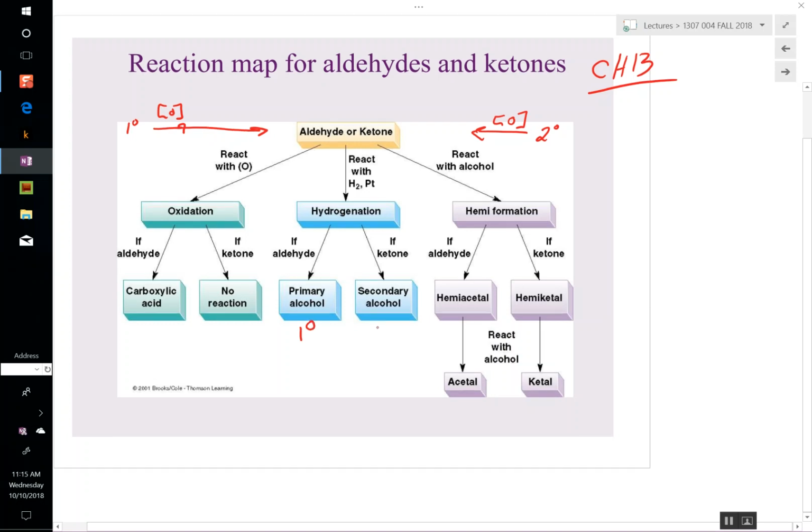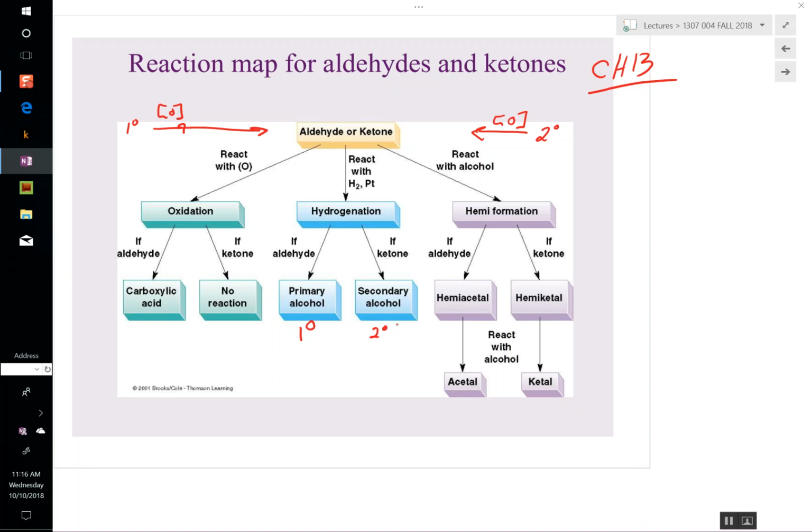Hydrogenation of a ketone gets you a secondary alcohol. And then here are your hemiacetal reactions. So an aldehyde reacts with an alcohol to form a hemiacetal. A ketone reacts with an alcohol to form a hemiketal.